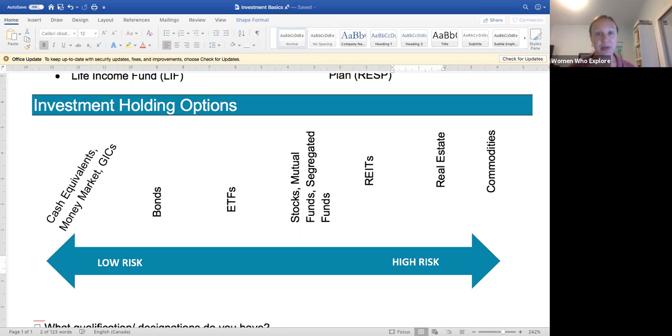Mutual funds and segregated funds are very similar in terms of how they are invested. All of the same holdings can be in a mutual fund or a segregated fund. You could have that same dividend income fund on either platform, but the difference is that a segregated fund contract comes with guarantees that a mutual fund contract does not offer.